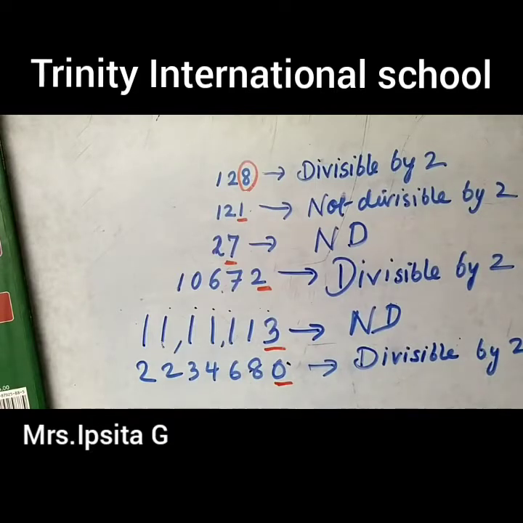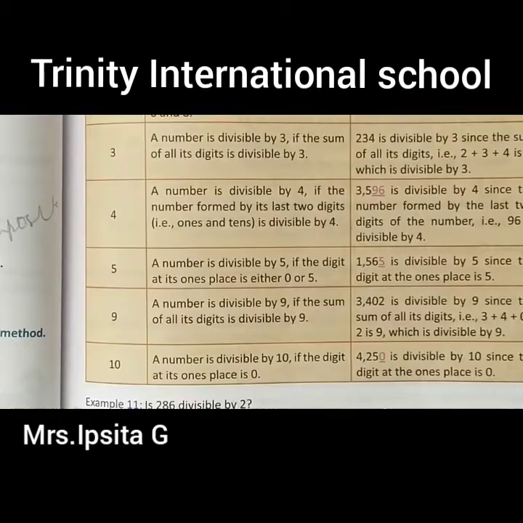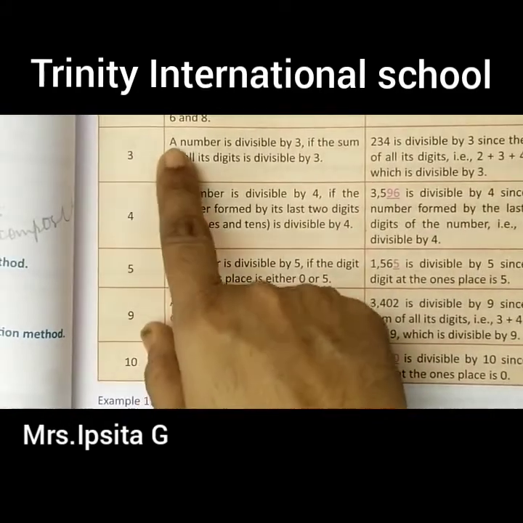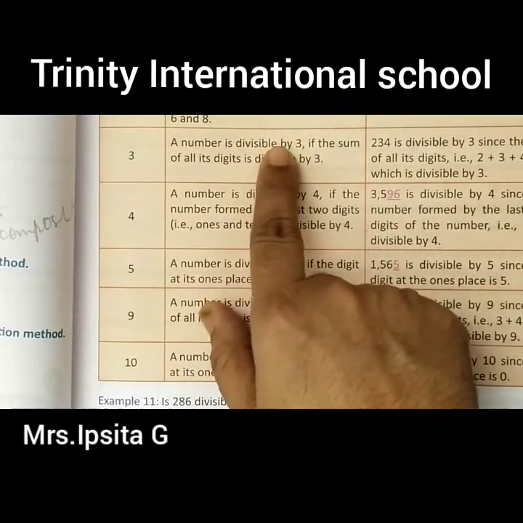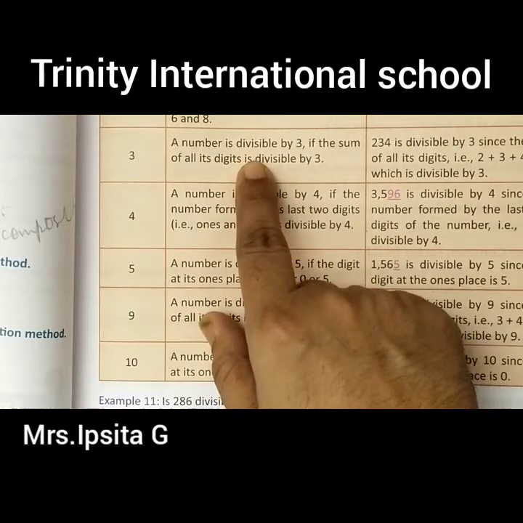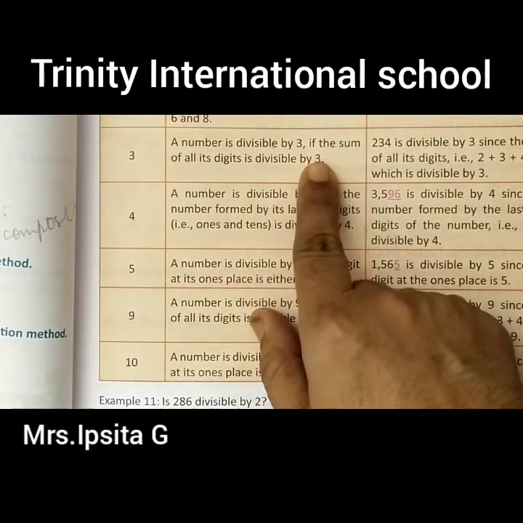So I think this is clear to you. So this is the divisibility rule, that is the divisibility test of 2. Now let us move to the divisibility test of 3. Now look, divisibility by 3: a number is divisible by 3 if the sum of all its digits is divisible by 3.